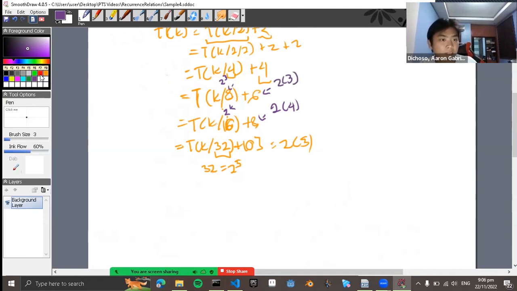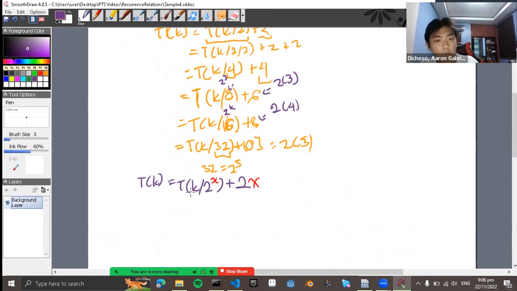So in general, you would see that t of k would be equal to t of k divided by 2 to the power of some number. Let's say that some number is x, plus 2 times x.